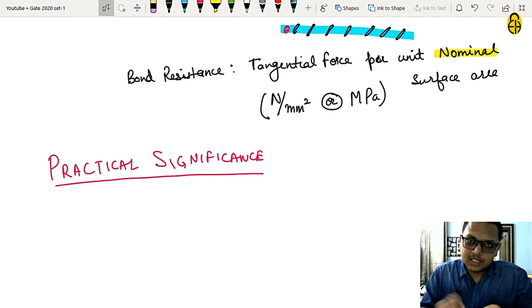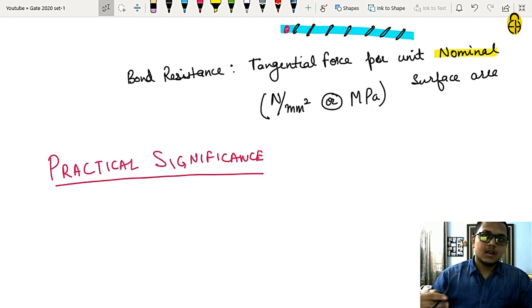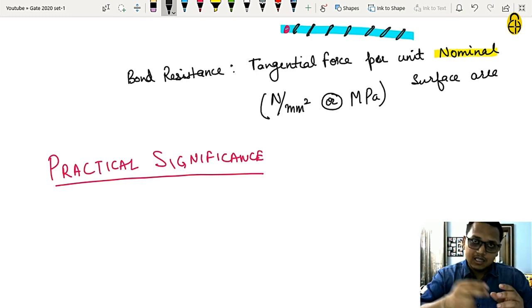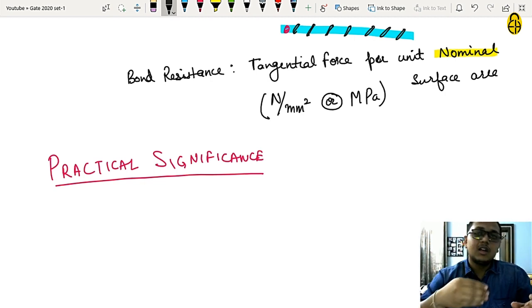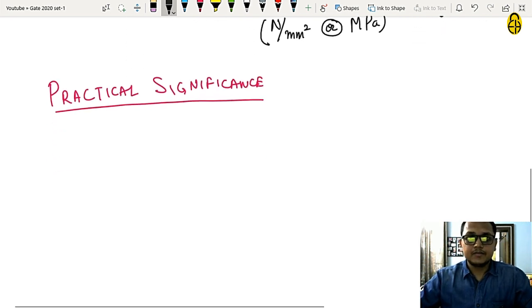It is because of this bond resistance that the assumption stays valid. Due to bond resistance, the axial force in the reinforcement bar gets distributed to the surrounding concrete, ensuring composite action and strain compatibility.